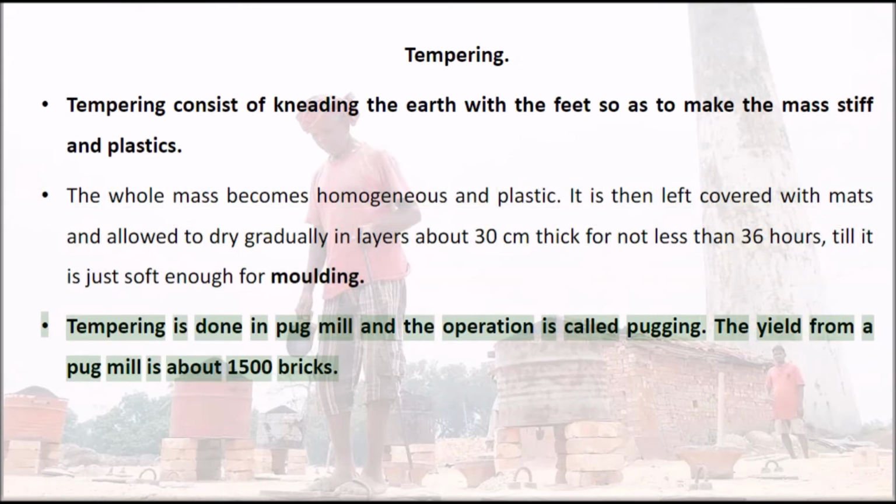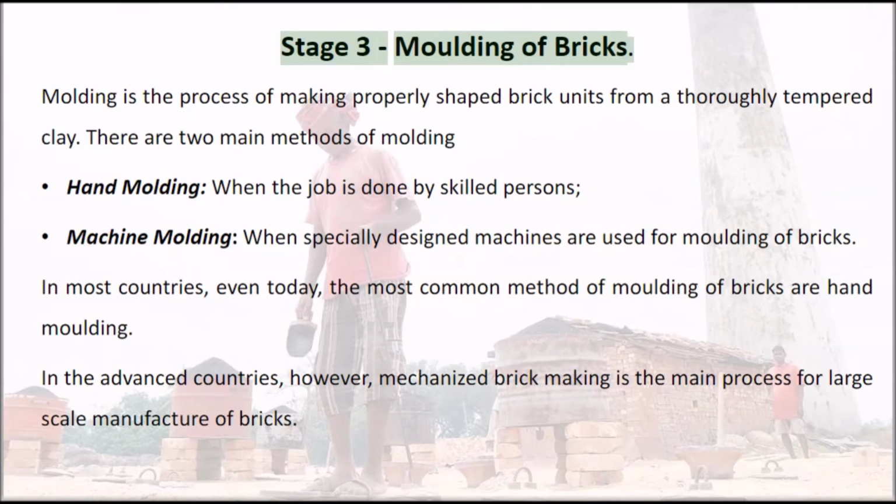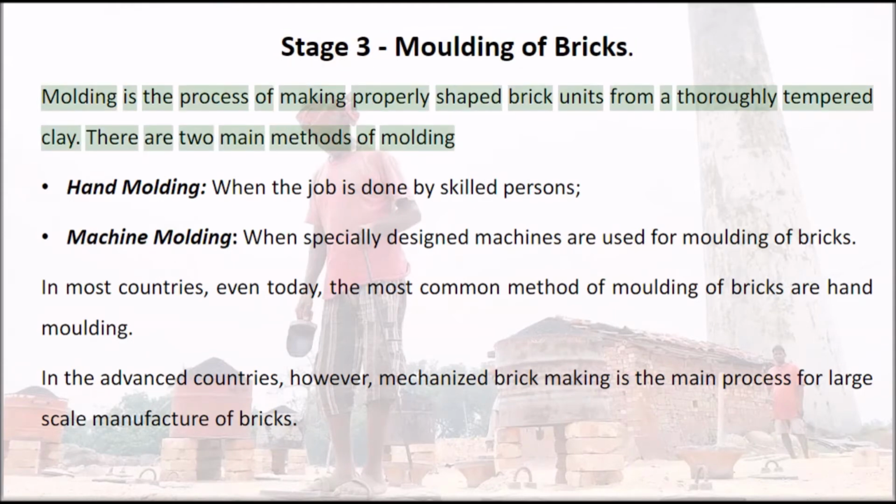Stage 3: Molding of bricks. Molding is the process of making properly shaped brick units from a thoroughly tempered clay. There are two main methods of molding. Hand molding, when the job is done by skilled persons.